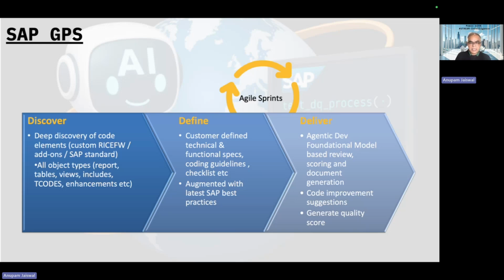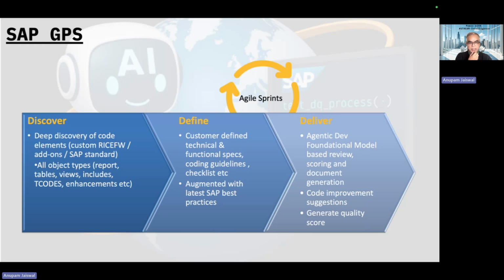And then using AI, we should be able to get their code repository, run it through checks against their own standards, and do a couple of things: generate the documentation, do a code review, and give an overall quality rating of where this code stands, right?